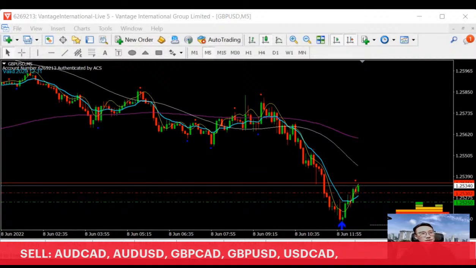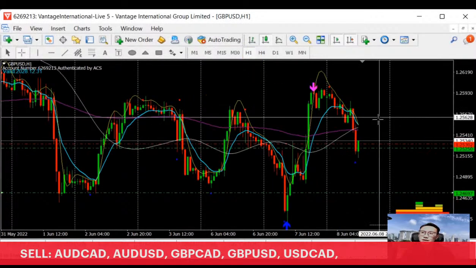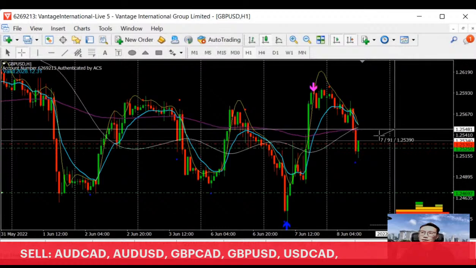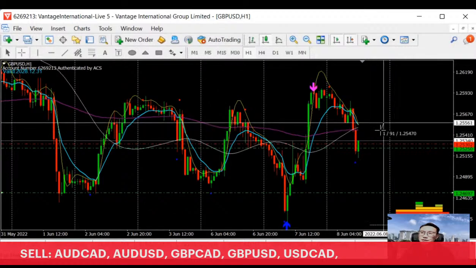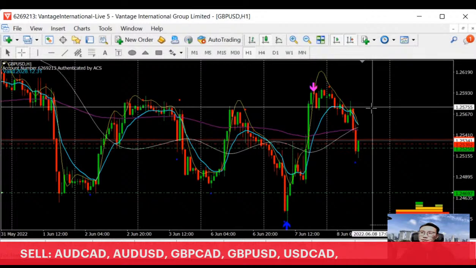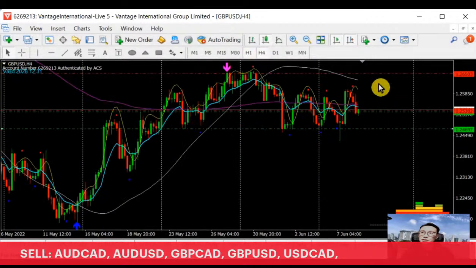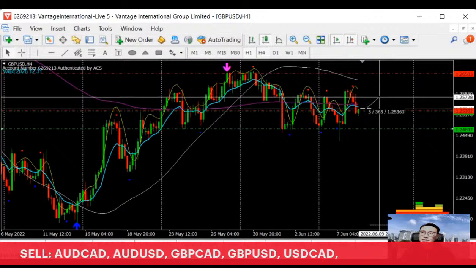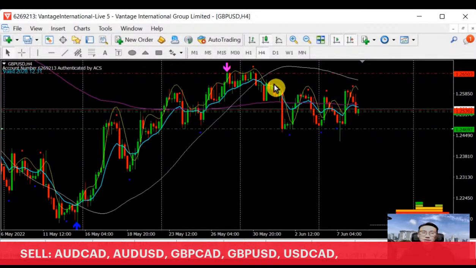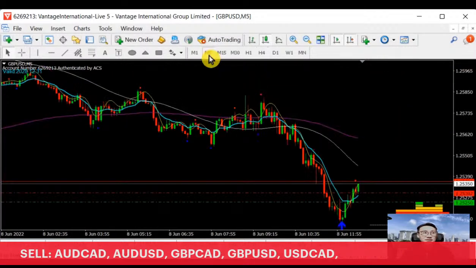Yes, this is something we are looking out for. Pound dollar, if I'm looking out for a buy, probably I'm left with about 20. It's about 20. A space of 20. Yes.